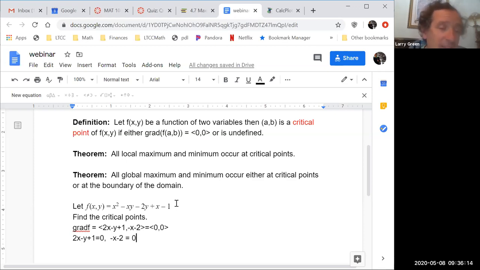Okay, this is also an example where it's pretty easy to solve. Do y'all agree? Right away, what is x? Yeah, x is negative 2. And if x is negative 2, what's y? Can't look at the first equation.